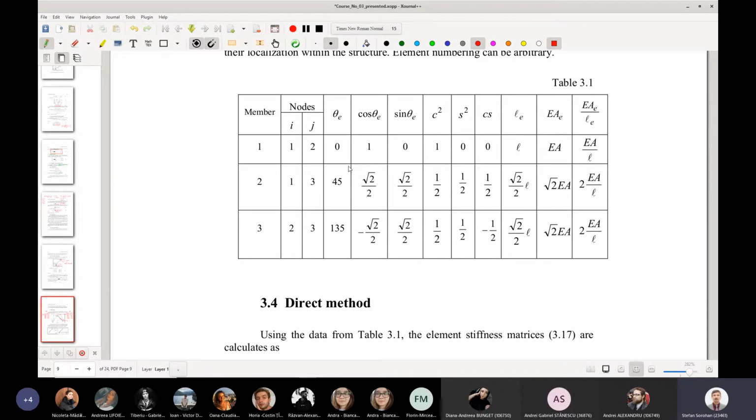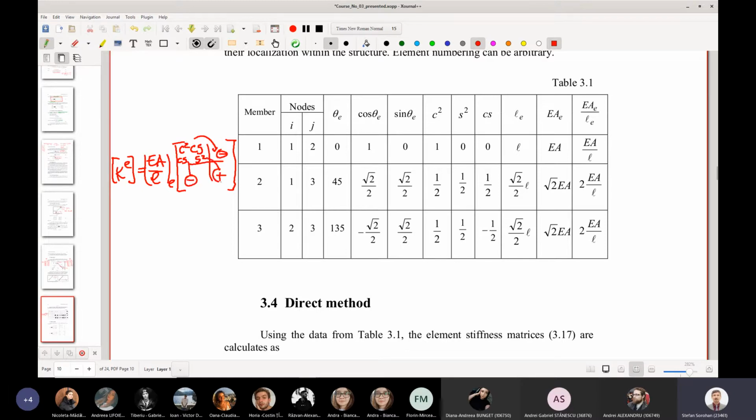We need the element stiffness matrix K for a particular element, which according to our formula is Young modulus times A divided by length for each element, multiplied by a 4 by 4 matrix with cosine squared, cosine times sine, cosine times sine, sine squared, and this part here with minus, also here with minus, and here with plus.